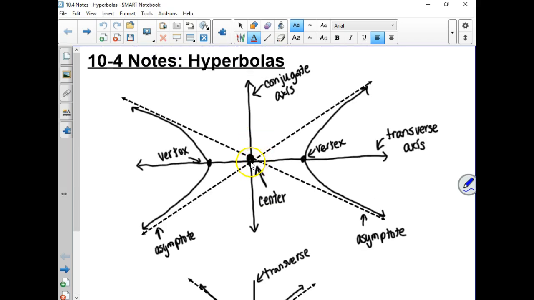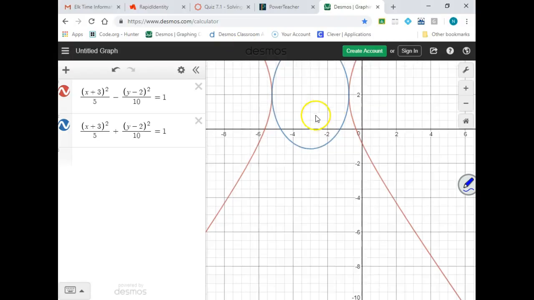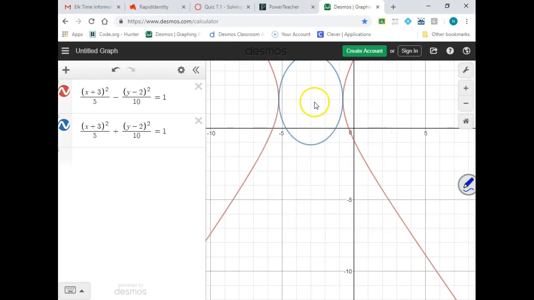So the center is not actually a point on the hyperbola at all. The center is the point halfway between the two curves. If we were looking at our Desmos graph, the center is right here at negative 3, 2. It's this point in the middle, right there. It's not actually on the graph, or inside of the graph, really.